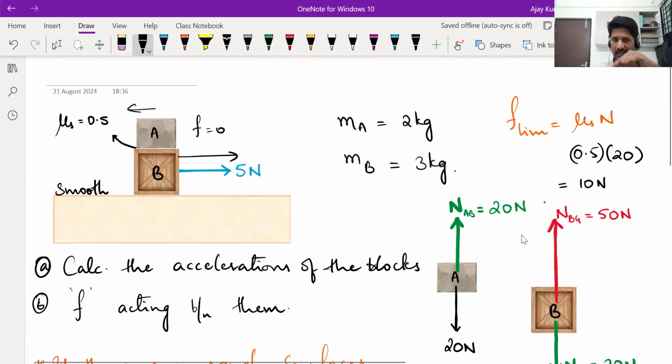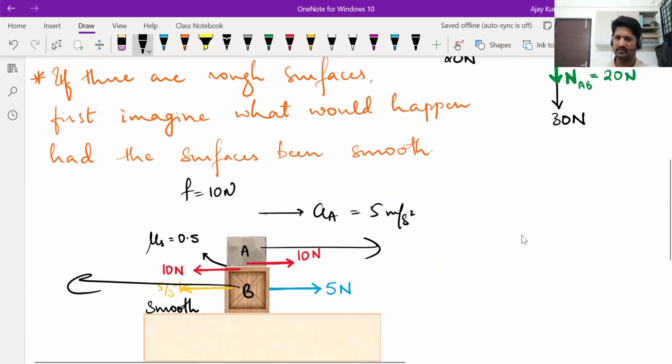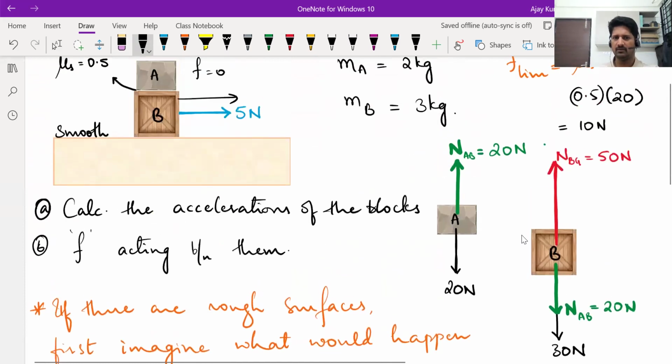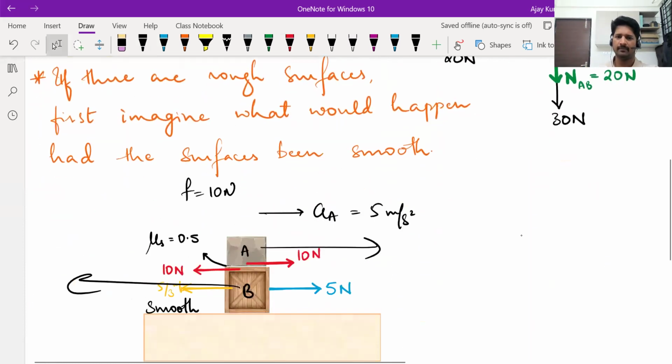So for some value of friction between 0 and 10, I don't mean exactly 5, there must be a case where there is no relative sliding, because for 0 we got one case of sliding, for 10 we got the exact opposite case of sliding. Then for some value of friction there will be a case of no sliding. Are you all convinced with this or not?